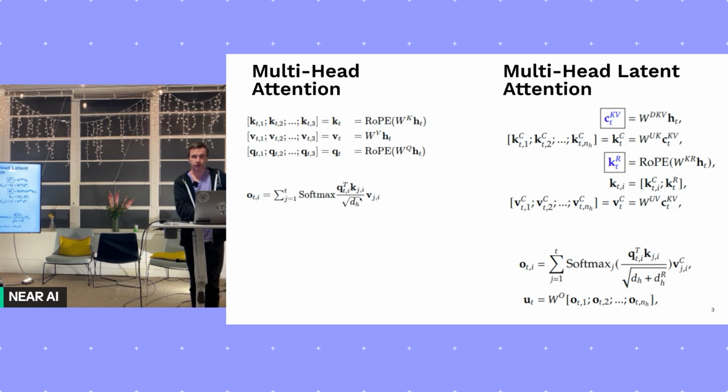You only do the inner product, softmax, and multiply by values. But in their case, they only store the blue ones in memory. So they have to recompute keys by multiplying by the up-projection matrix again, and recompute values by multiplying by the up-projection matrix again. But presumably that is still cheaper than full multi-head attention.